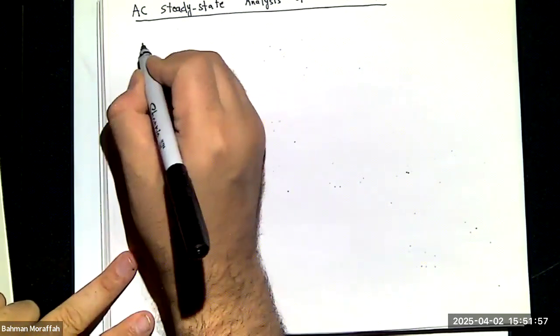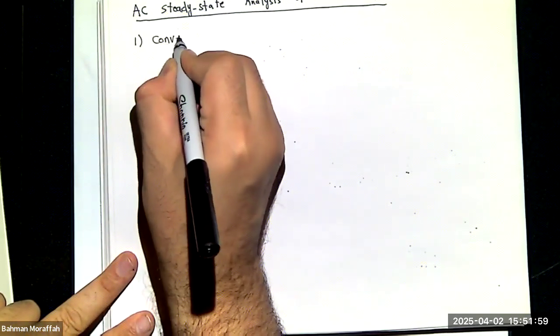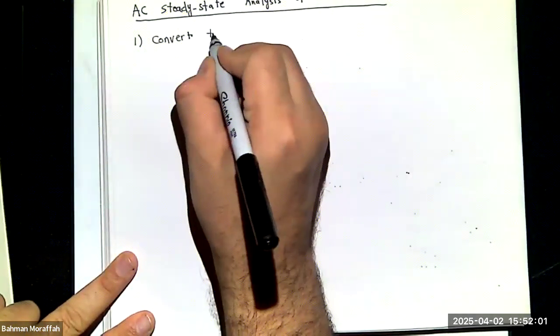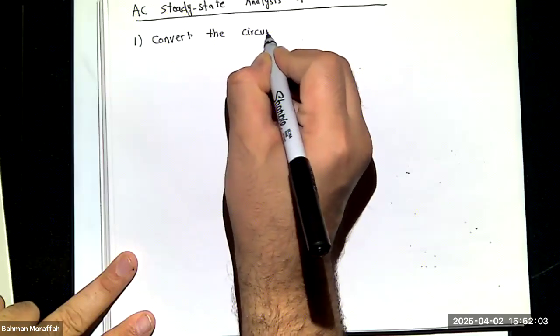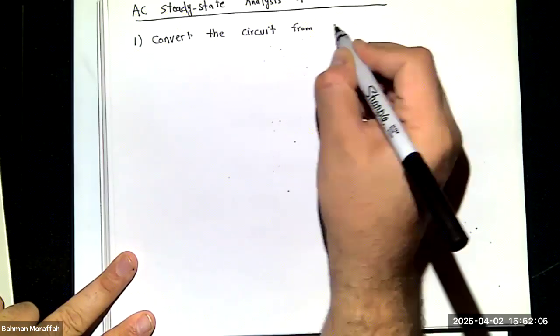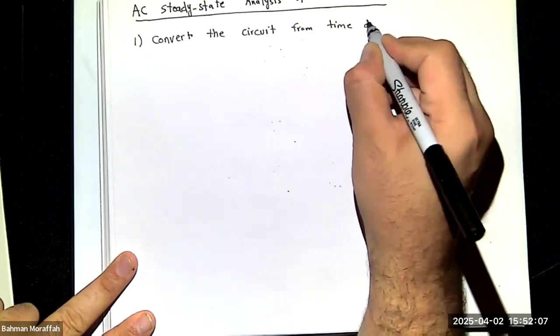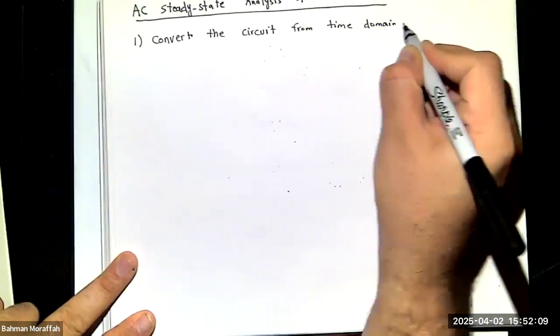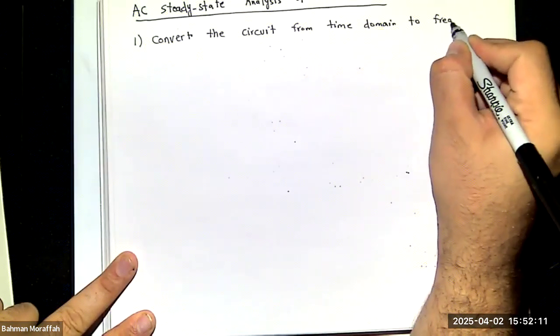The first step is to convert the time domain circuit to a frequency domain circuit. So convert the circuit from time domain to frequency domain.